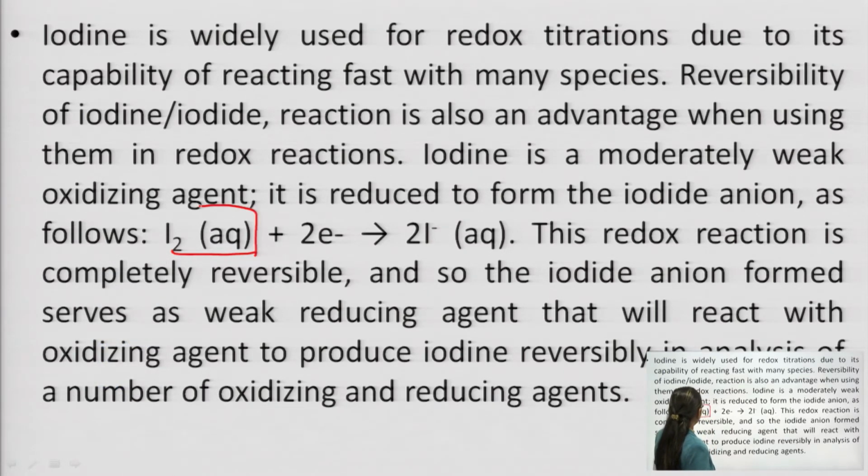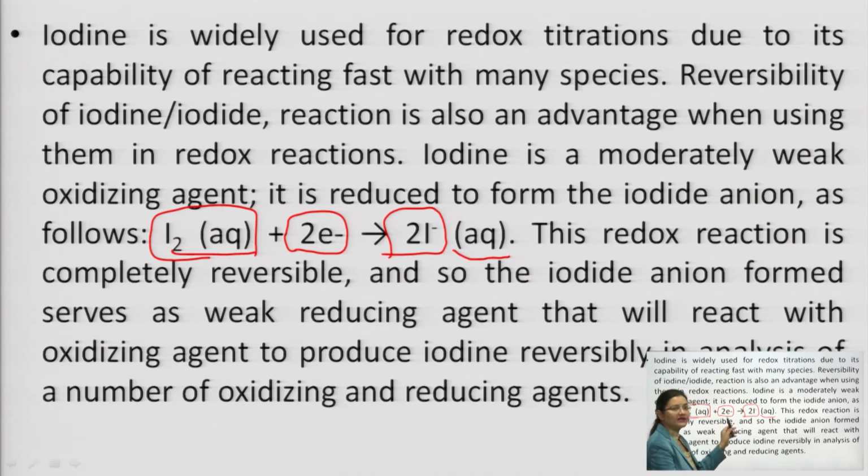You can see here very well, in brackets aq is written, which means it is an aqueous solution of iodine. It reacts with 2 electrons from the medium and gets itself reduced to 2 ions of iodide, that too in aqueous form.